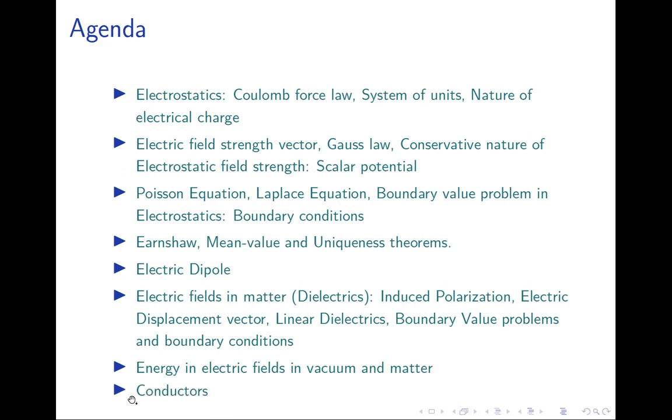And finally, we'll talk about conductors, which are another category of matter. As I said, matter can be classified into either dielectrics or conductors. Conductors, unlike dielectrics, do not develop a dipole moment, because the atoms get completely ripped apart and are stripped of their electrons. So what is inside is a bunch of free positive and negative charges.